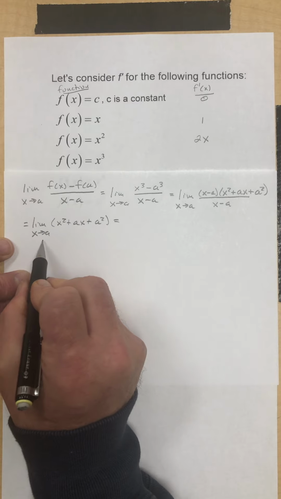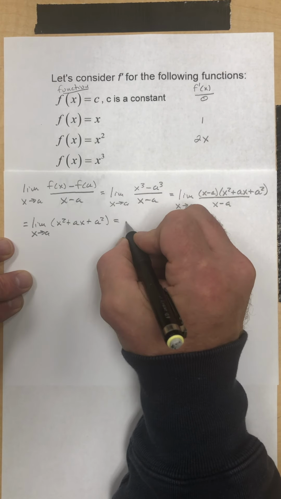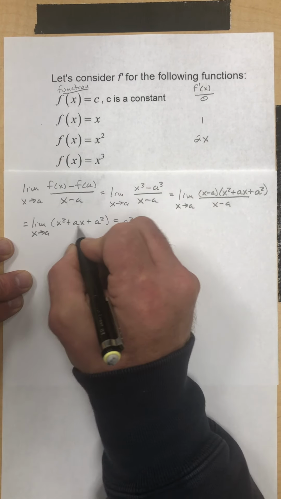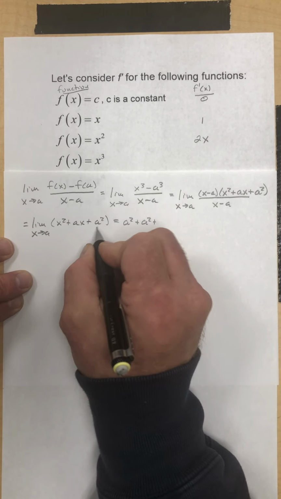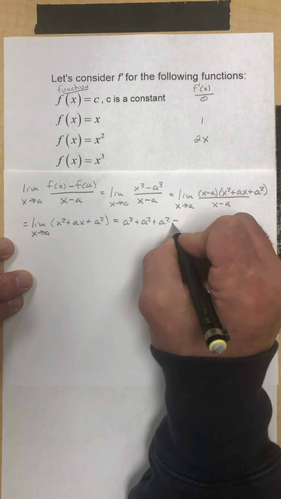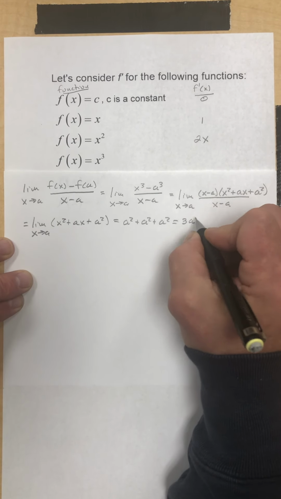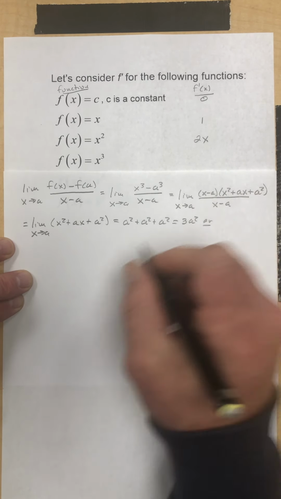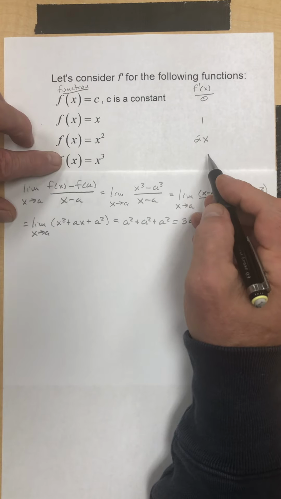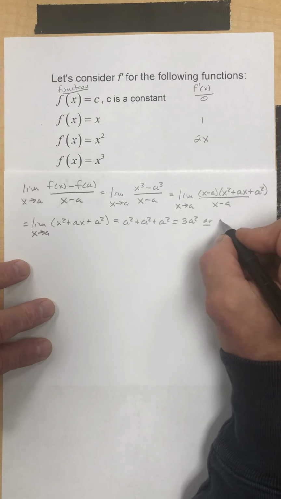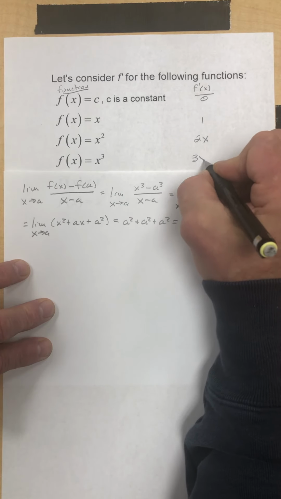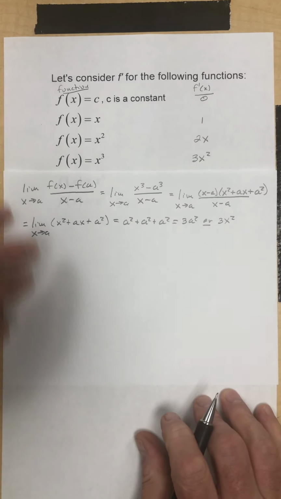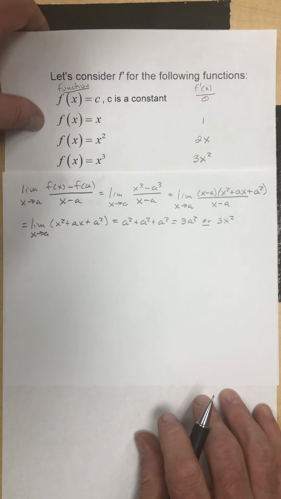And then I evaluate when x becomes a, so I'm going to get a squared plus a times a, or a squared, plus the a squared. And notice that'll give me 3a squared. Now, we're writing our derivatives in terms of x, so 3a squared, I can just write it as 3x squared. Okay, 3x squared. Okay, so far so good.